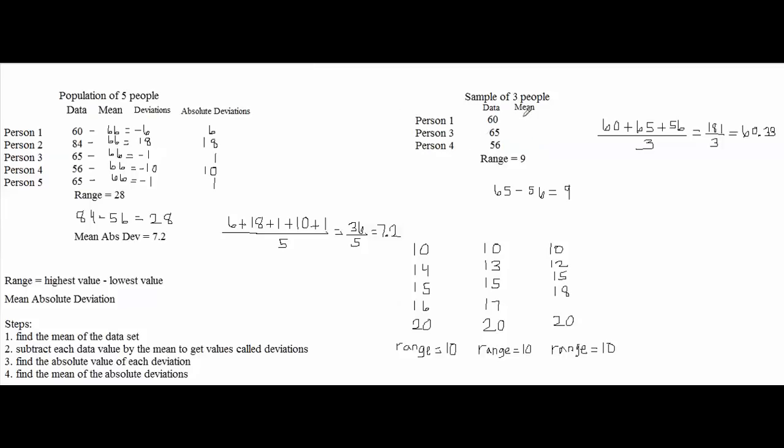So we're going to be subtracting each of these by 60, since we rounded the mean to 60. We're doing step 2, which is subtracting each value by the mean.